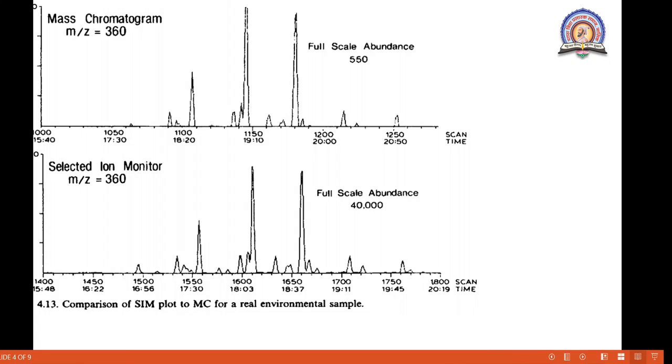Mass chromatogram: this is the comparison of a selected ion monitoring plot to the mass chromatogram for a real environmental sample. Here the mass chromatogram and SIM analysis of m/z 360 have an identical pattern. However, the abundance of the peaks in the SIM plot is almost 100 times greater than in the mass chromatogram.